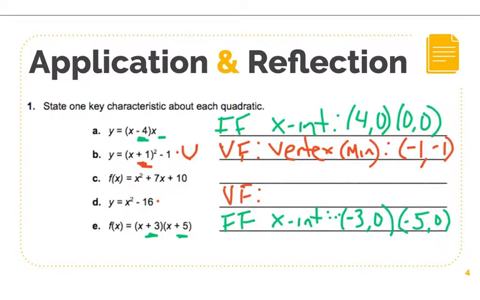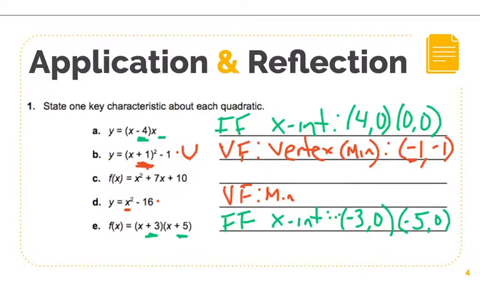Now here, I do know that this is a minimum. And I don't see anything inside the parentheses. Like up with B, I saw there was a +1 in the parentheses, so I did the opposite.